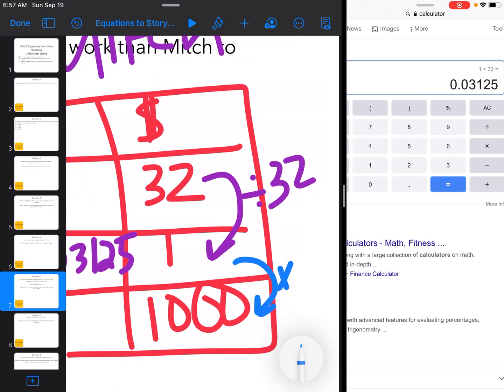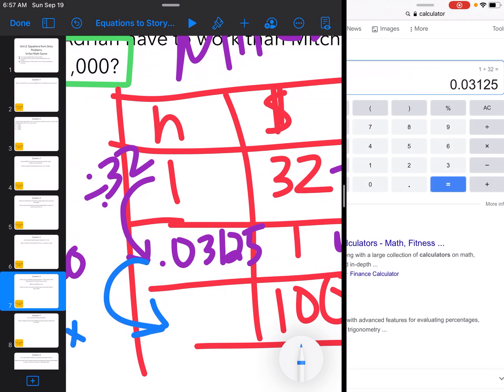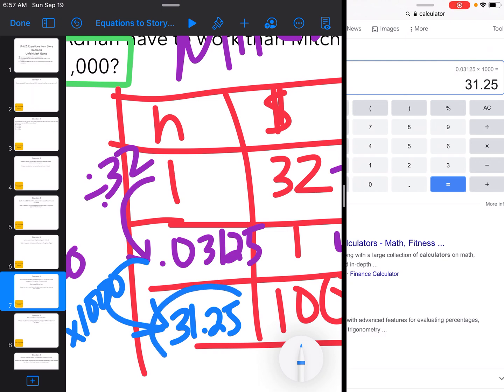So I'm multiplying by 1,000 on each side. I must have done something wrong. Let me try again. 1 divided by 32. Okay, 31.25. So it's going to take him 31.25 hours to earn $1,000.